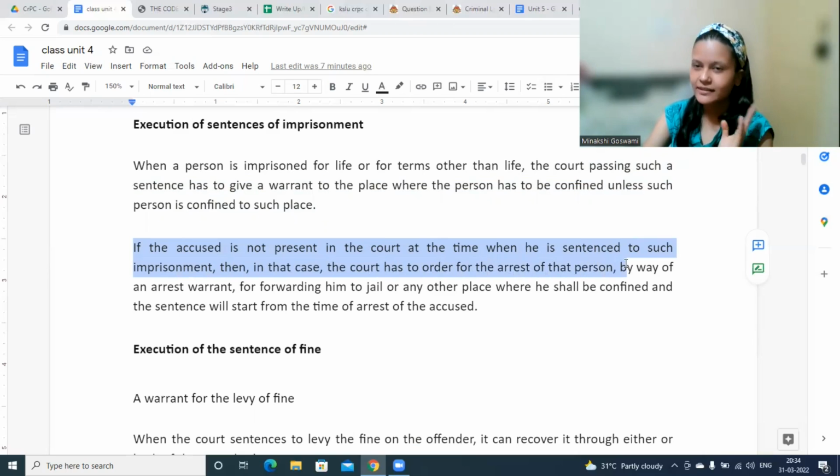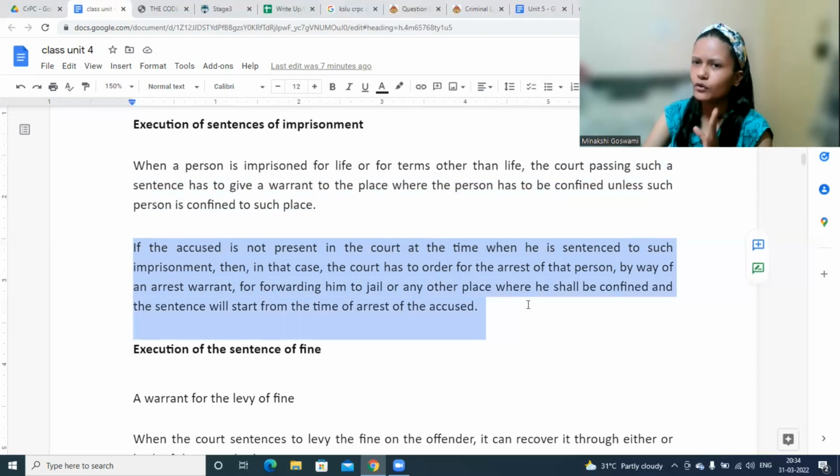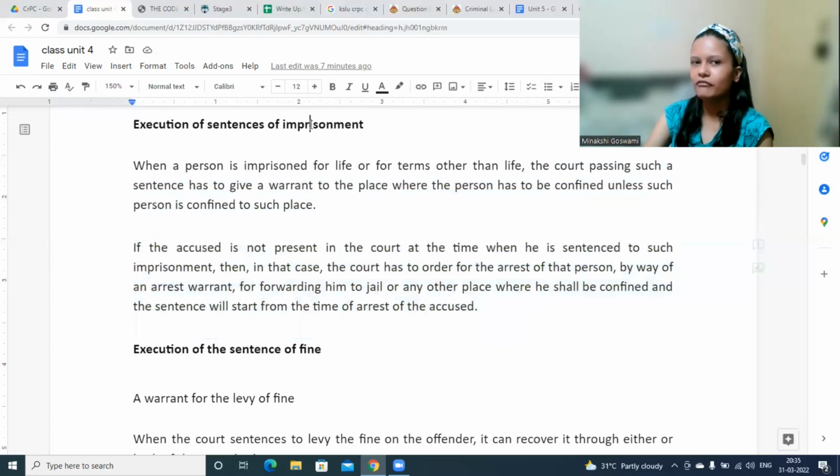He needs to be arrested, only then he can be put in custody. So for that, court can pass an order, and by way of arrest warrant, by forwarding him to the jail where he needs to be confined, court would say, arrest this person and bring him to this so-and-so prison, keep him in custody for these many years. That is how it would be executed in case of imprisonment, when a person needs to be sent to the prison.